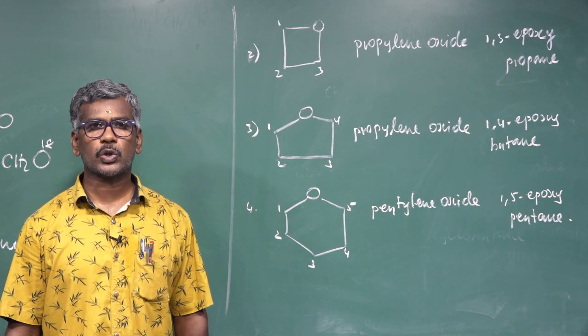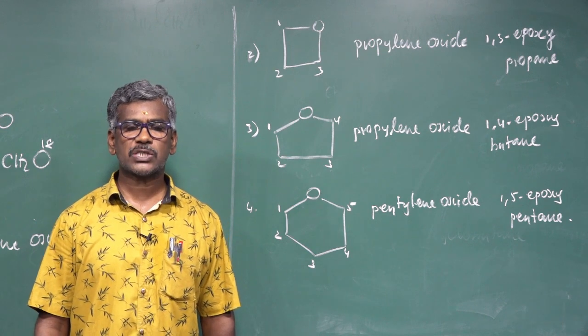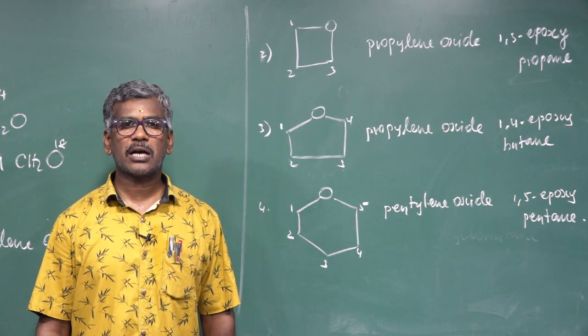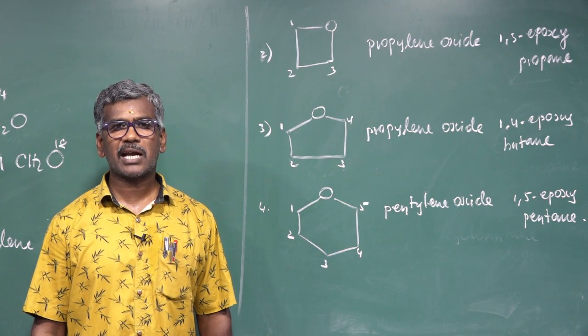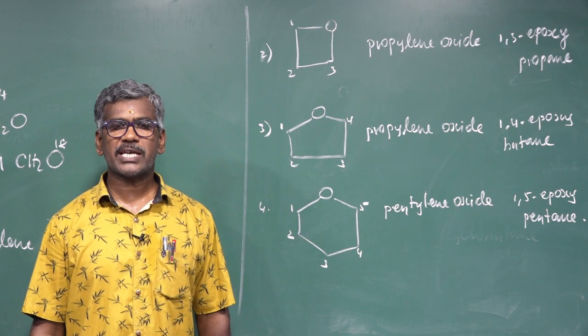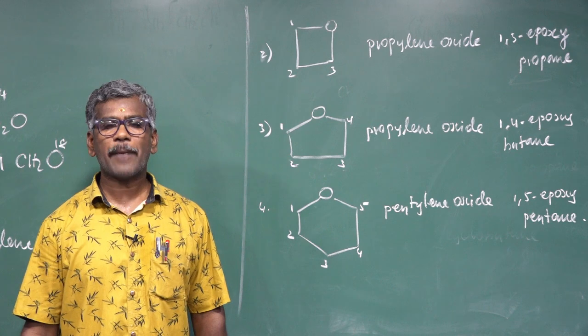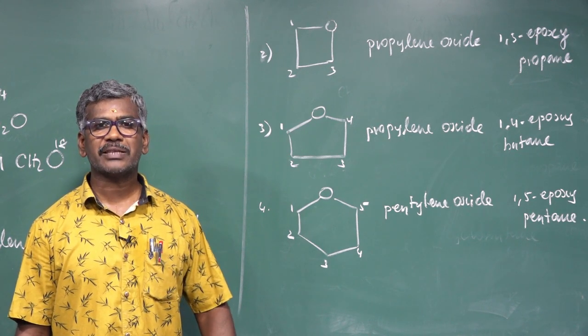Among the 30, 12 functional groups are important based on need. First one, alkyl halide, alcohol, ether, aldehyde, ketone, carboxylic acid, acid halide, acid anhydride, amide, ester. Last are nitro compounds and amino compounds.